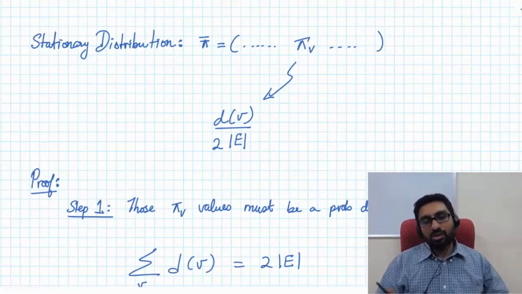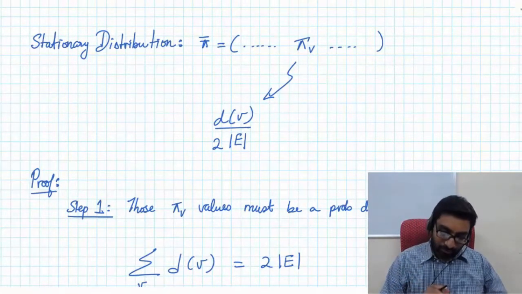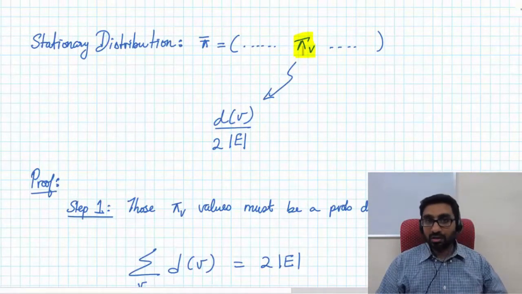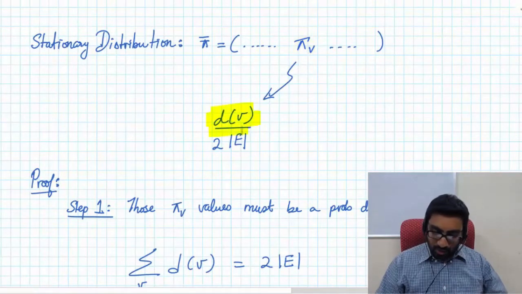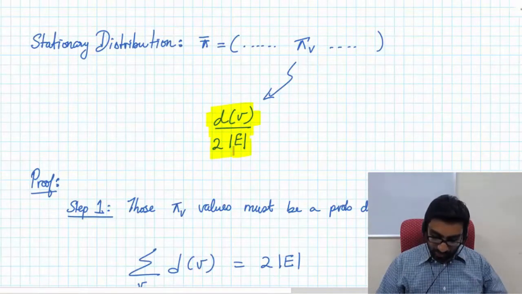Now let's look at the stationary distribution of a random walk on a non-bipartite connected graph. The claim is that the component associated with a vertex v is given by d_v over 2 times the number of edges.